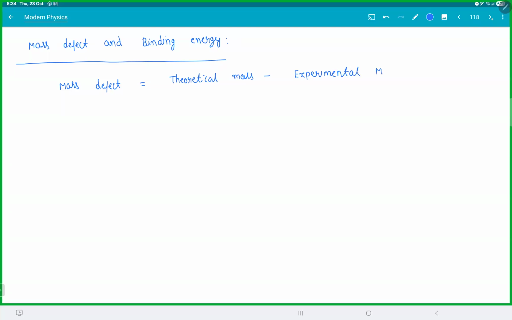The theoretical mass will be Z times the mass of the protons, where Z is the number of protons, plus A minus Z, the number of neutrons, times the mass of the neutrons.